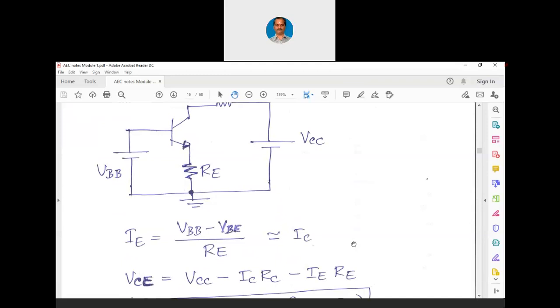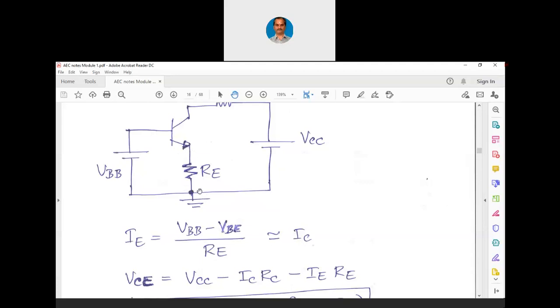So for this circuit, we can apply KVL now. We can write the equation as IE equals VBB minus VBE divided by RE. If you apply KVL at the input side, we have the base bias voltage, and in the earlier circuit, we directly took VB itself because the emitter was connected to ground.